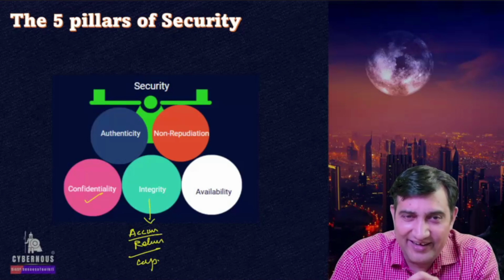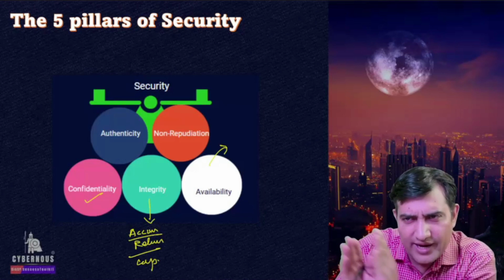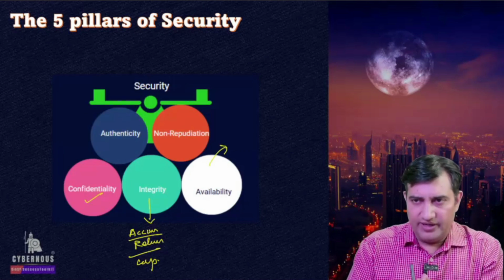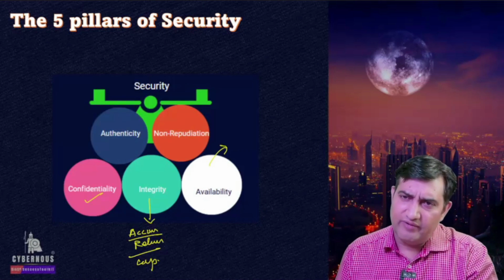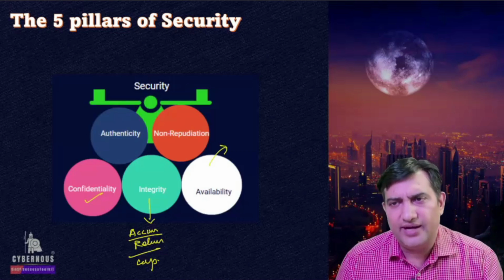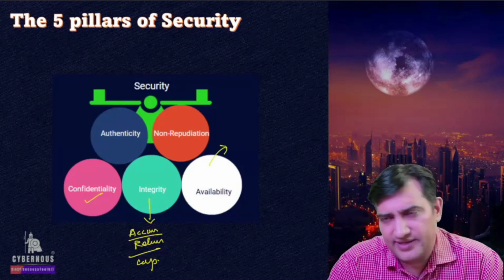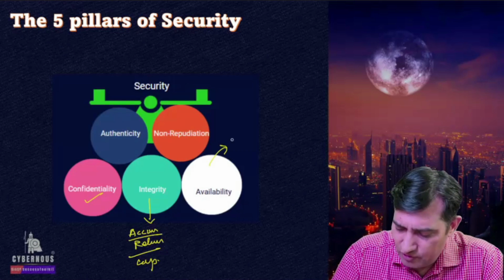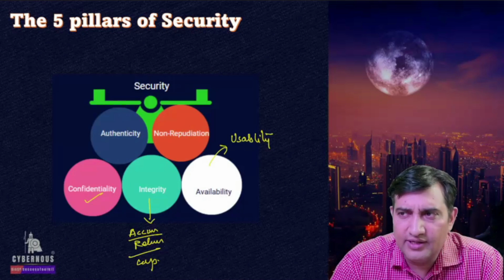Okay, then let's also dive into availability, and let's talk a little on the advanced side. Availability is that the system or the information is available to you when it is required, as simple as that. But there can be multiple factors to this. For example, if the information is available to you but it is not usable, will that be any help? Not at all, right?